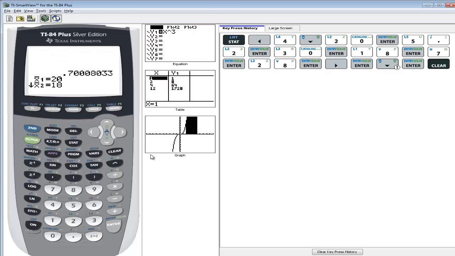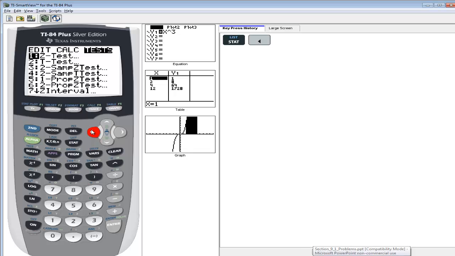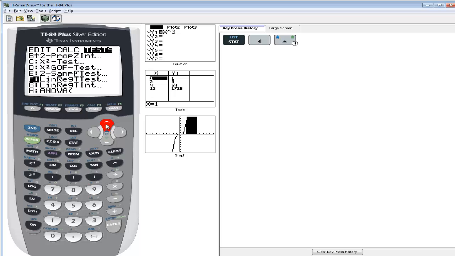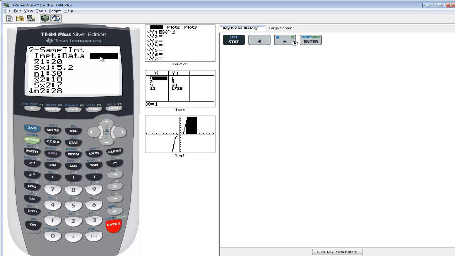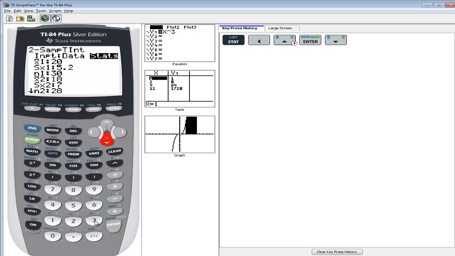Okay, so press Stat, go over to Tests, 2-SampTInt. I'm going to do an up arrow, I might be able to find it faster. There it is, 2-SampTInt. Now we're given summary statistics, so we want Stats highlighted. It's already highlighted, so I'll do a down arrow. x bar sub 1 is 35.